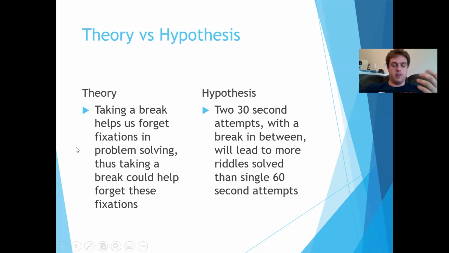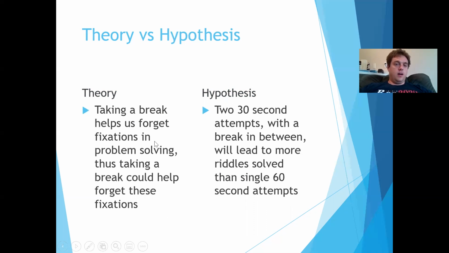The theory is the abstract. Okay? And again, notice how these hypothetical inferential terms become concrete observable things. So taking a break, well, that's the two 30-second attempts versus the single 60-second attempt on each riddle you get, so it's only one attempt per riddle.